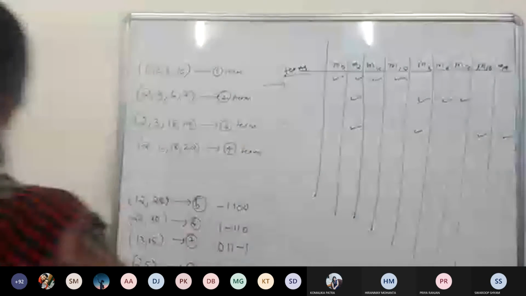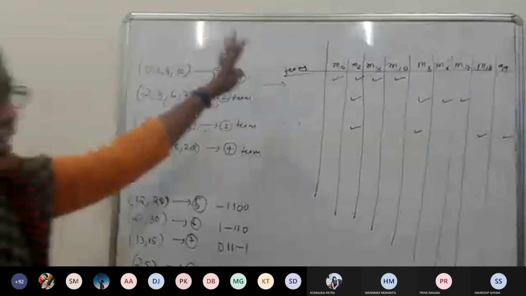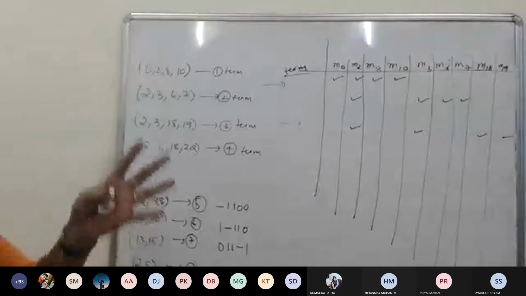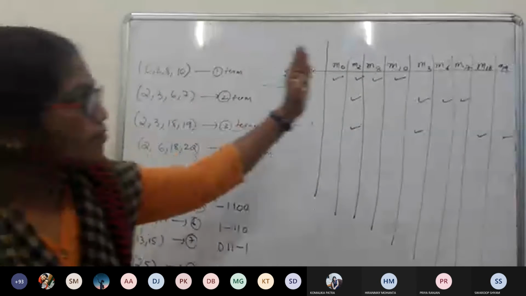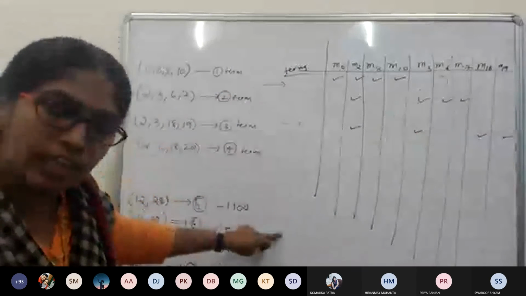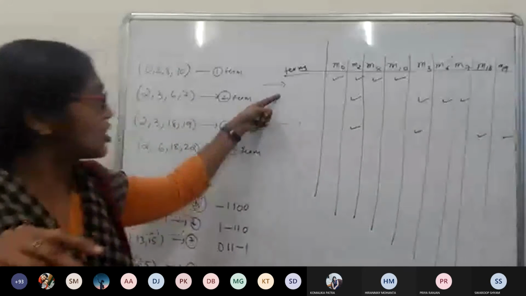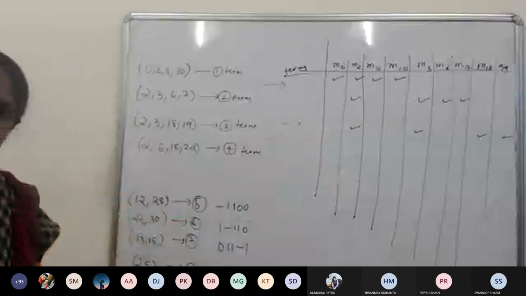Again, I'll give a recap. First thing is take a table, then fill up all the min terms that have been squeezed at every level. Then write the terms over here, and then separate what are the min terms that each term is covering. Just give a tick.